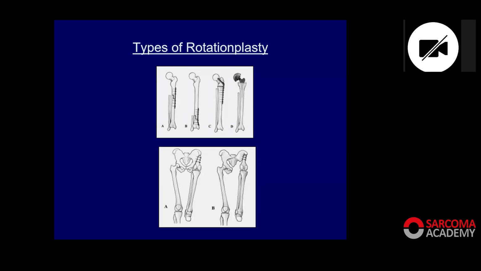Frank? Yeah, I would also just endorse everybody to think even more about rotationplasty, especially in kids under the age of 10. And just to comment on the comment of Alexander, preserving the knee joint will not actually give you better functionality.